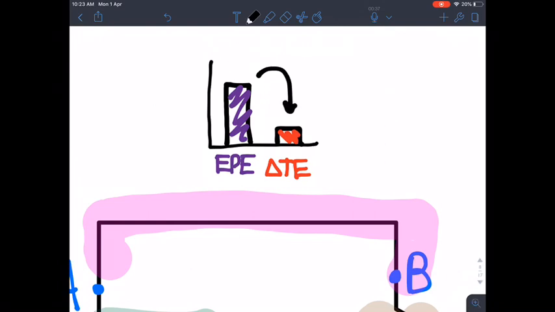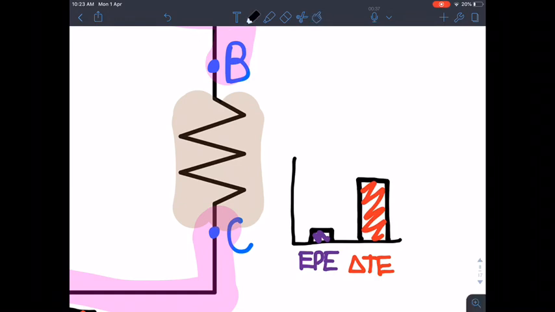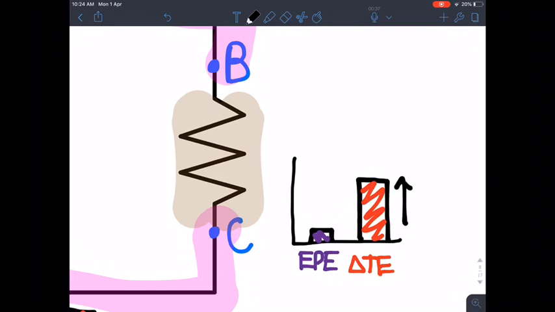Wires do heat up slightly as electricity runs through them. Then the resistor is creating an enormous amount of heat. And so there's a big drop in the electric potential energy and a big rise in the thermal energy.